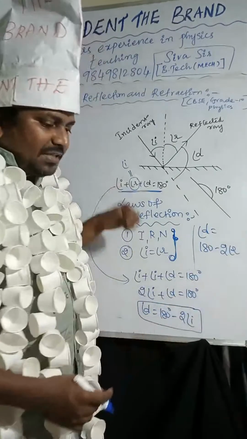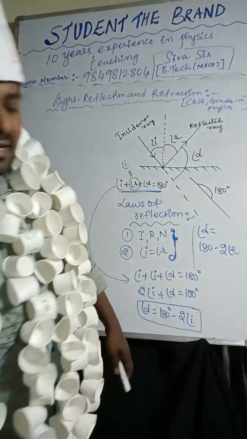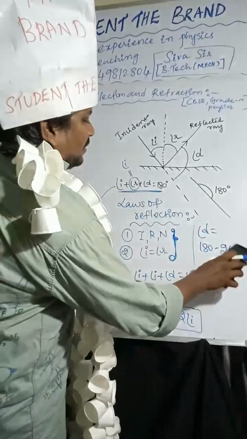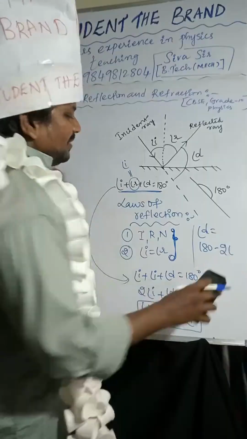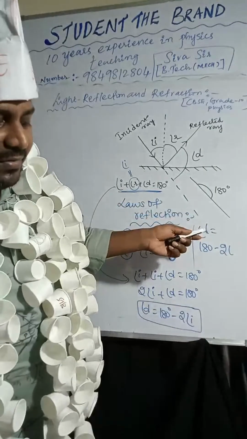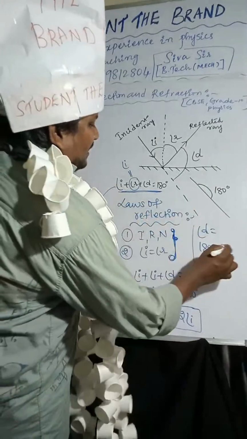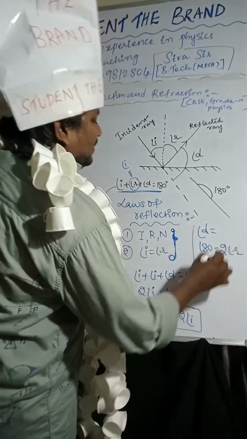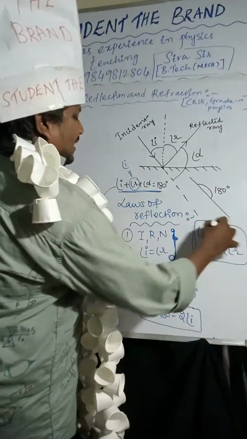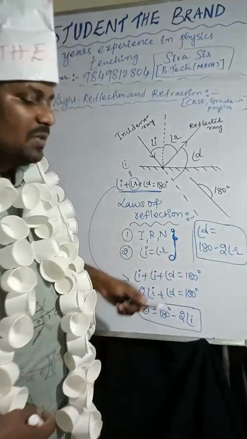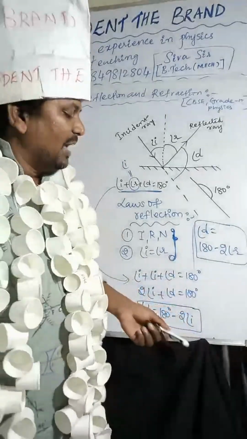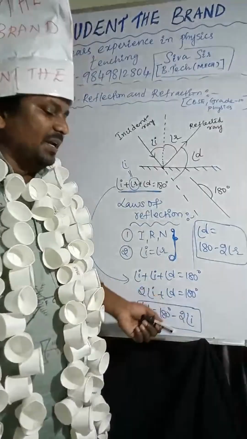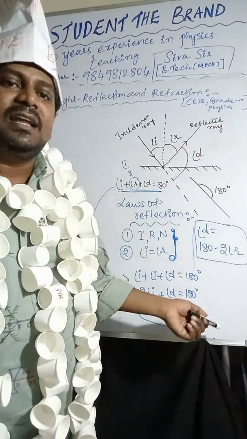Everybody say with me: angle of deviation equals 180 minus 2 times angle of incidence.